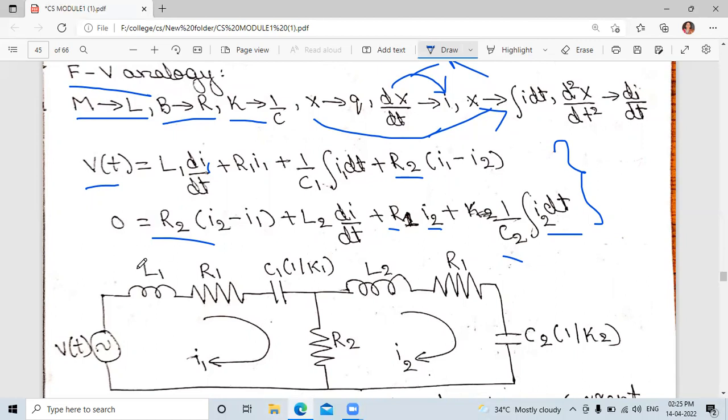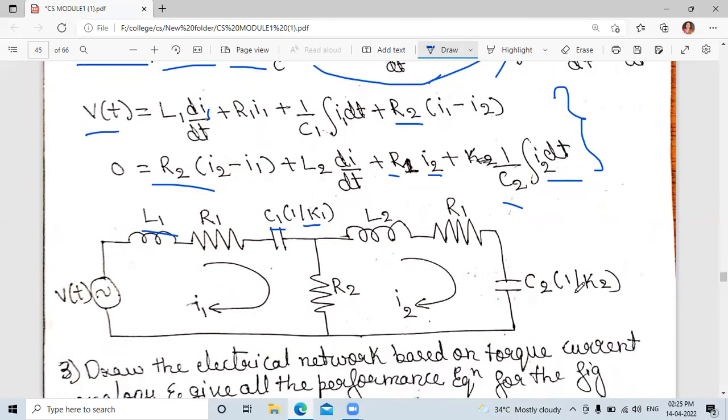First loop, what are the elements? L1, R1, C1. For C1, what should you write? 1 divided by K1, because K1 is replaced by 1 divided by C. So we will write here C, in brackets 1 divided by K.